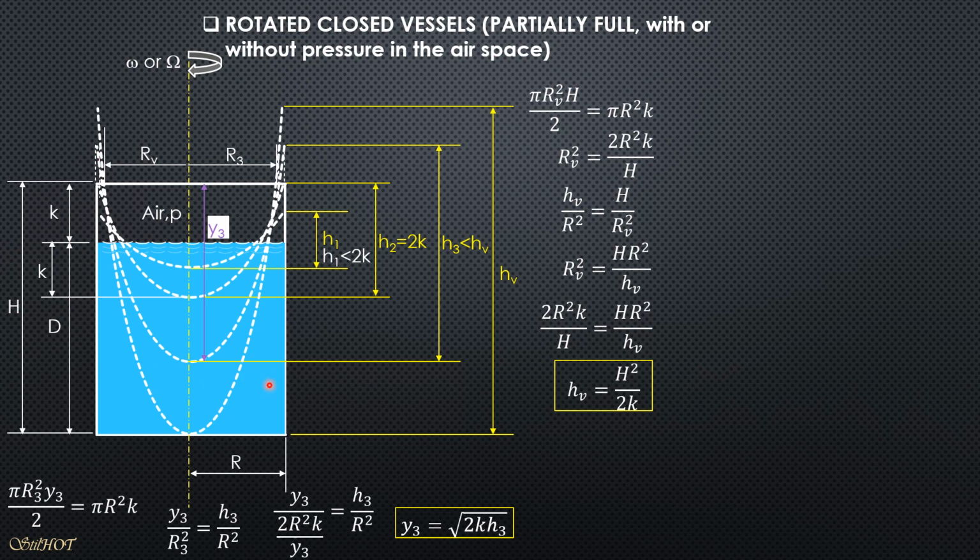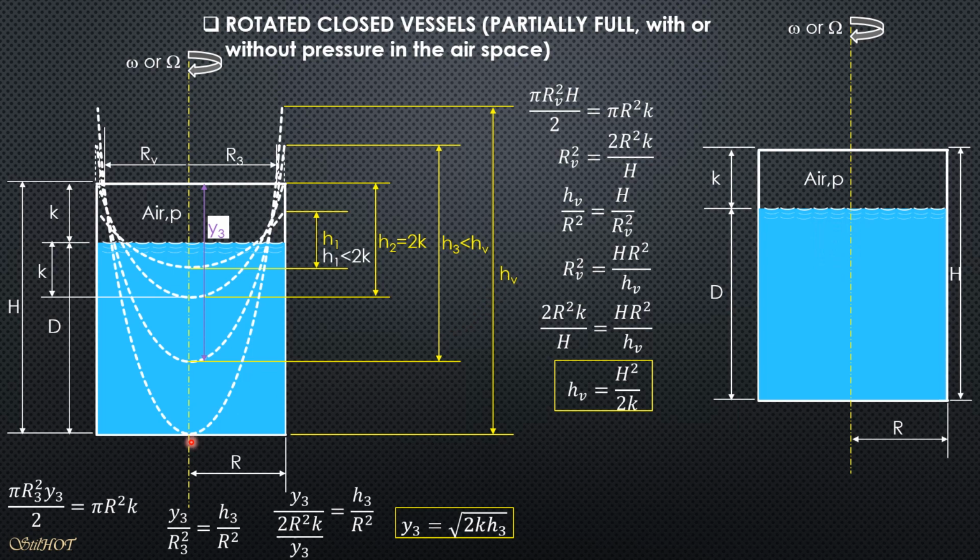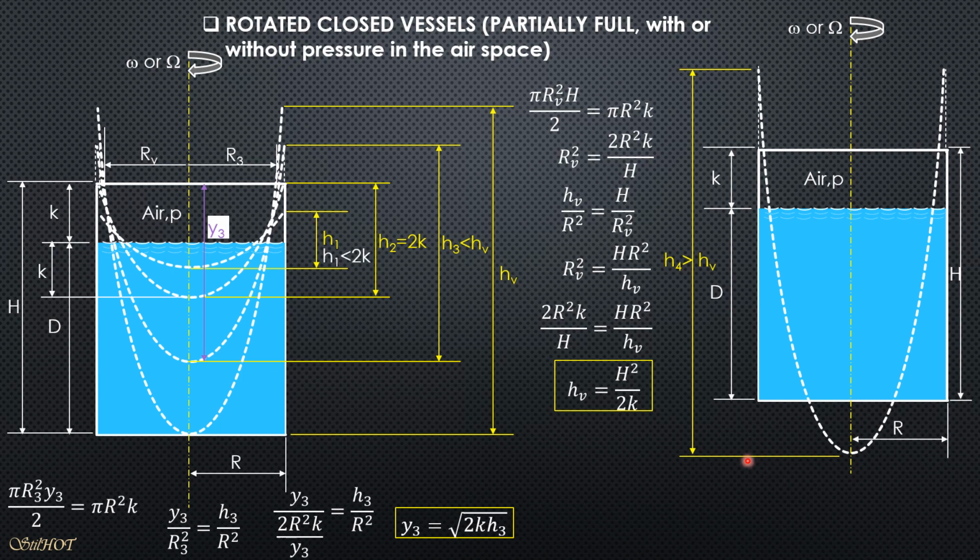Then when the rotation is such that the height is greater than hv, the imaginary parabolic segment exposes the bottom and it extends like this one, and these are the other dimensions. So we have h4 greater than h sub v, then call that y4. This radius is r sub 4, call that r sub 5, and the same principle applies. This time this is air final inside the tank, which is the same as the original volume of air.